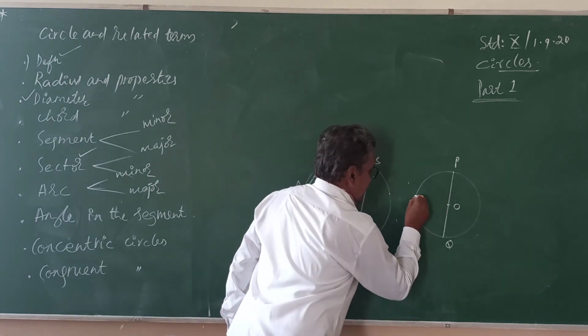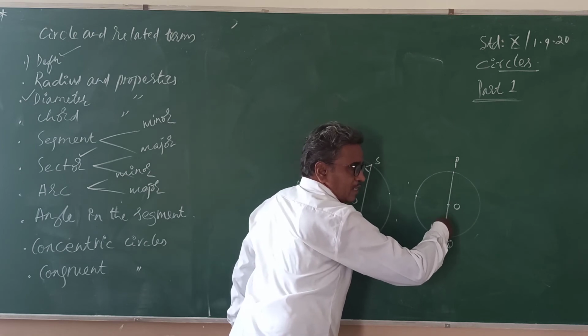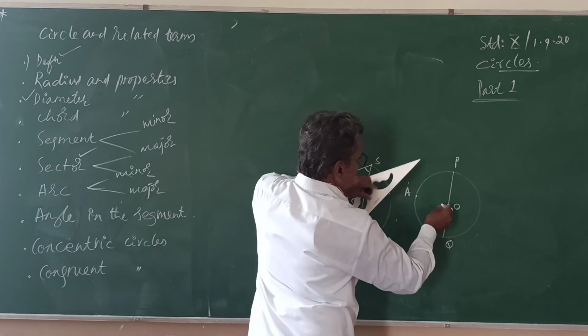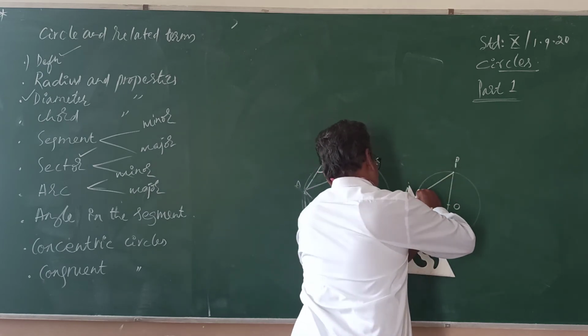Take any point A on the arc, wherever you like. So join PA and PB.